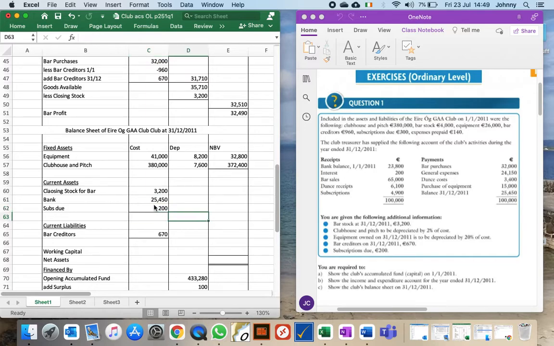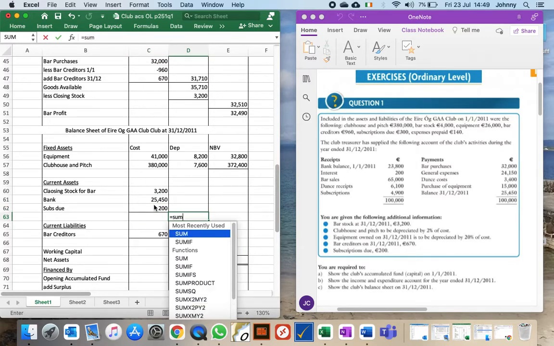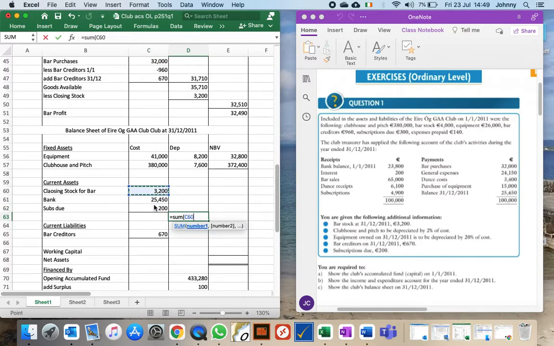Okay, so we can add all these together now. So there's our current assets. We only have one current liability, so we can subtract our current assets and our current liabilities. That gives us our working capital, and we'll add the total of our fixed assets, so our equipment and our clubhouse.